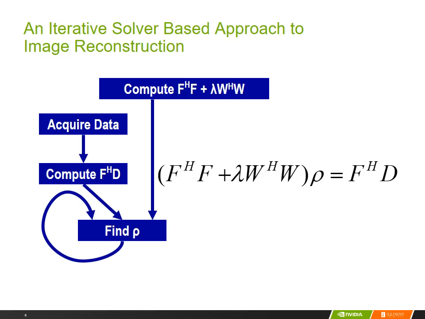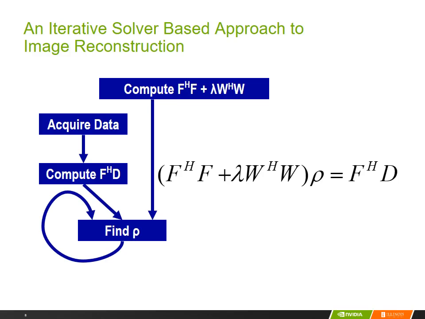This operator also models some of the artifacts and the potential distortion that we have because of the environment. But the formulation is such that the reconstructed image, when the Q operator is applied to it, will be equal to FHD.